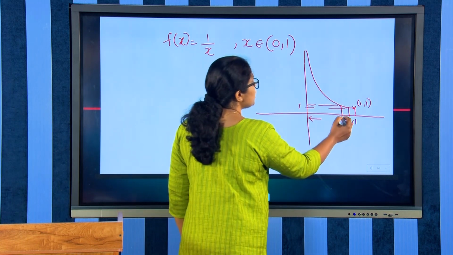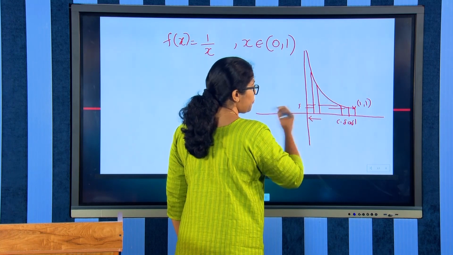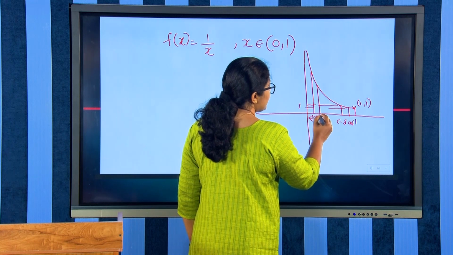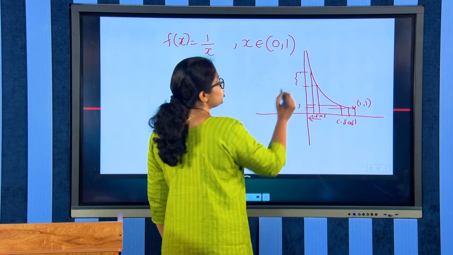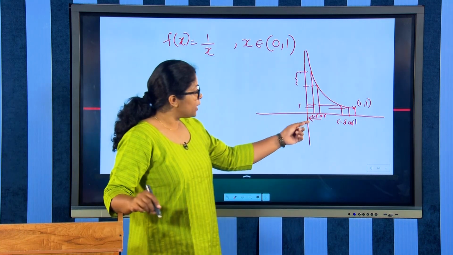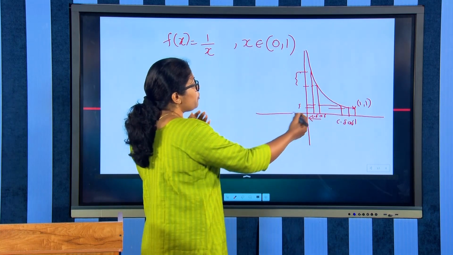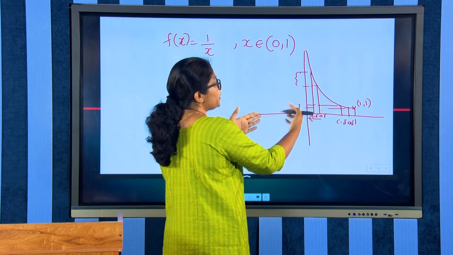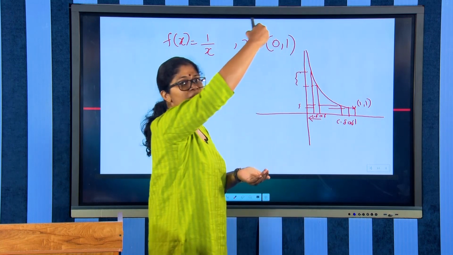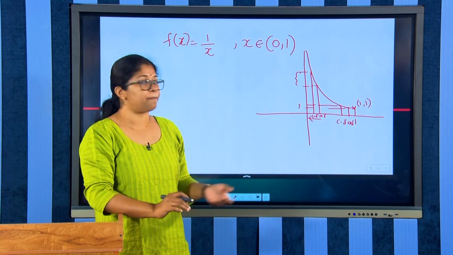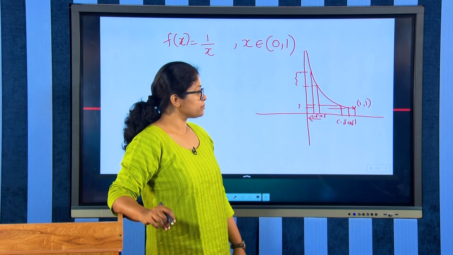Whereas if we consider an interval of the same width here, the corresponding variation is much larger. That is because of the point that we are considering. Again, if we come close to 0, for a very small change itself, the value of the function has a very high difference compared to exactly the same difference in the corresponding x values.